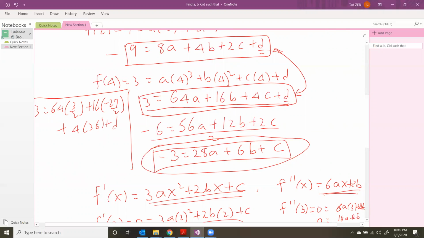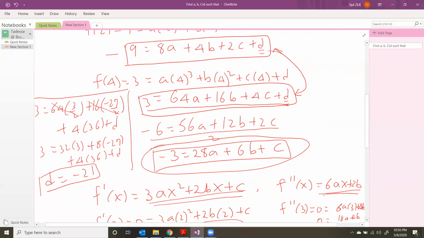Now, if you simplify all this, I'm sure you can do it. This cancels out, so it will be 32 times 3 plus, again this cancels out, 8 times negative 27 plus 4 times 36 plus d. If you simplify all these numbers, you should get the value of d to be negative 21. You just multiply and move these things to the left. That's what you need to do.